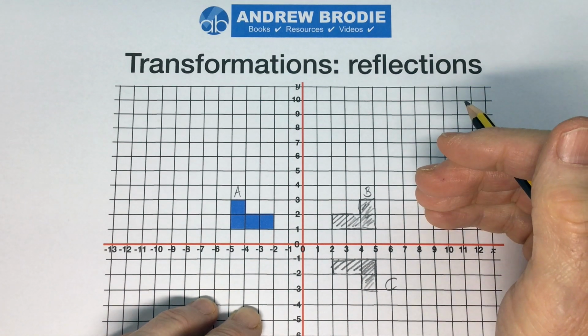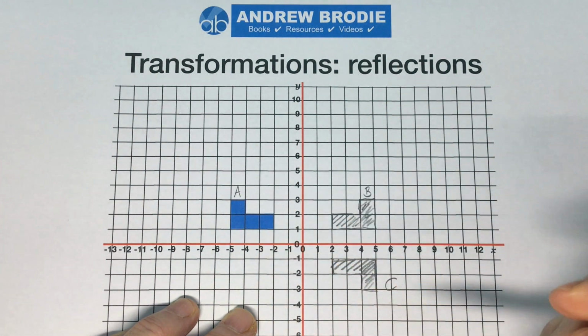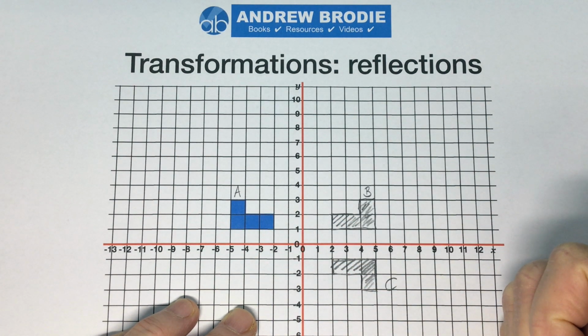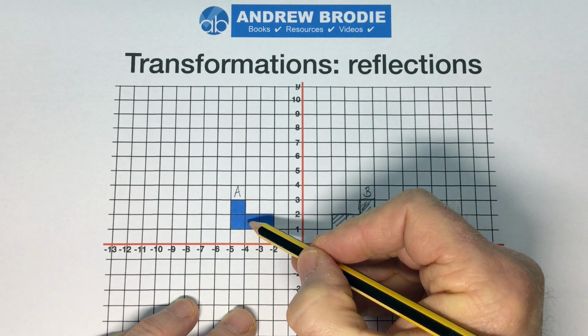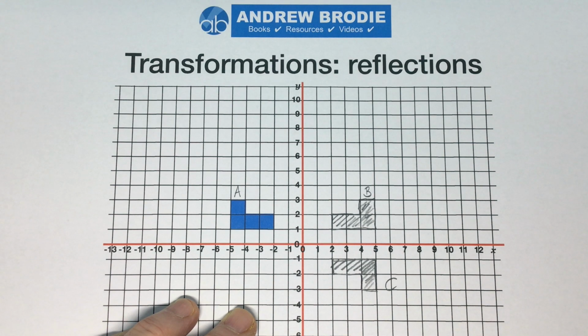Now, a question that quite often comes up in the exam is, how do you get from A to C with one transformation? Is there a single transformation that will map shape A onto shape C? Well, as you probably have guessed, there is.